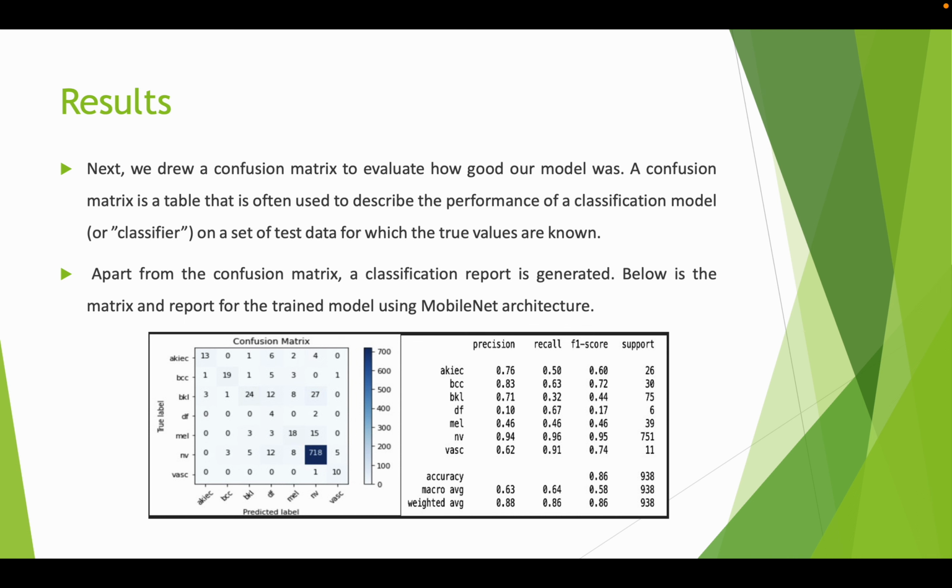There are 718 images in navy which are being correctly classified. A few of them vary, but most of them are correct. As you see from the right side of the table, each disease has its own accuracy. The nevi, which had the highest number of images, got the highest accuracy of 0.94.